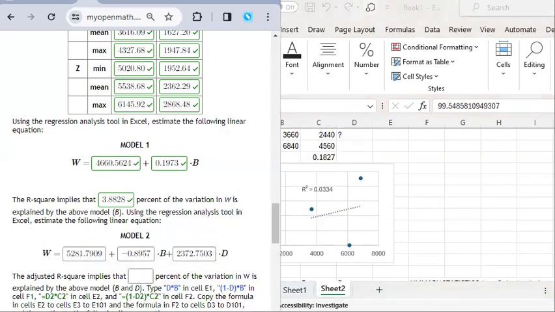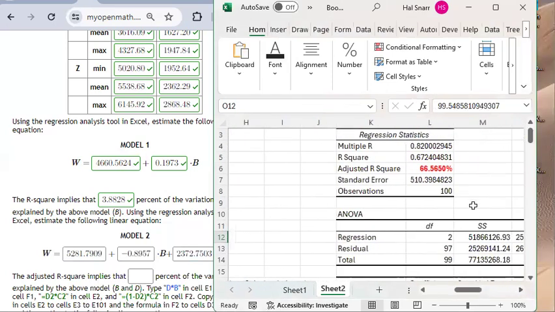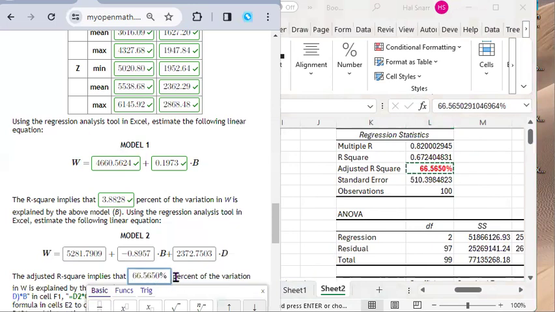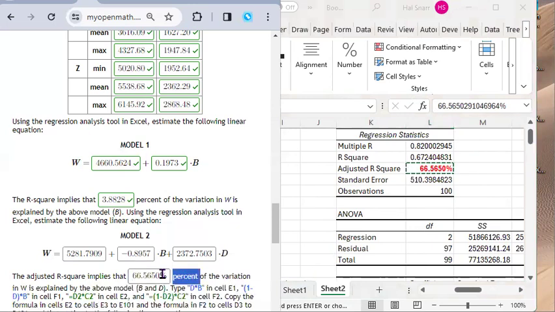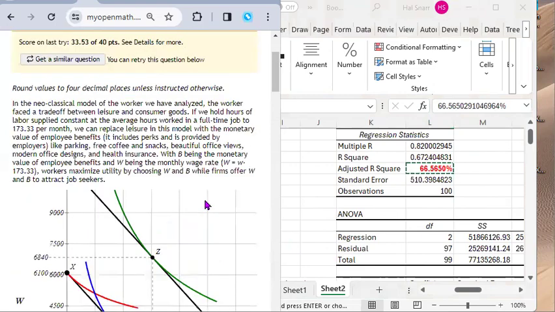The adjusted R-square was 66.5650%. The word percent is right there, so I can delete this percent symbol, as it would be redundant otherwise.